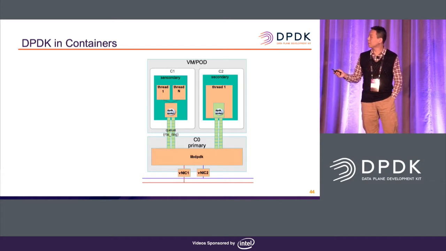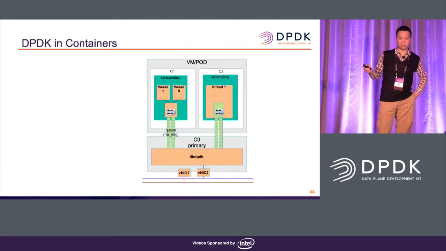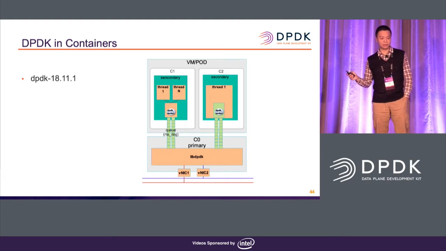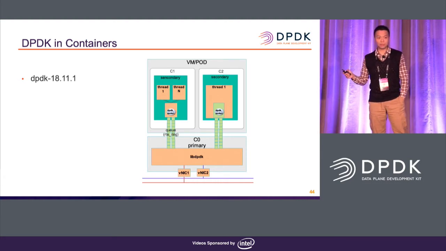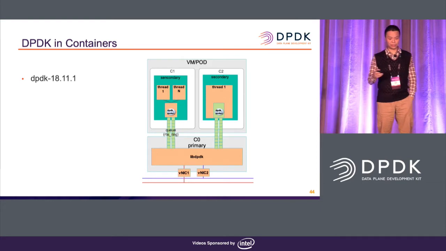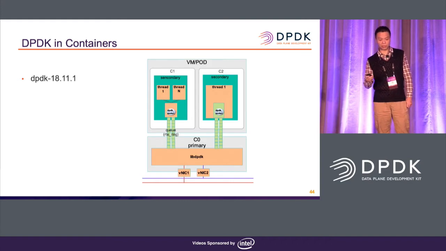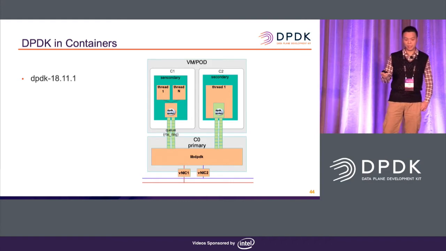This is a simplified typical use case of our app in containers. We used DPDK 18.11.1. And in this picture, we can see there are 3 containers. We call them C0, C1, and C2.